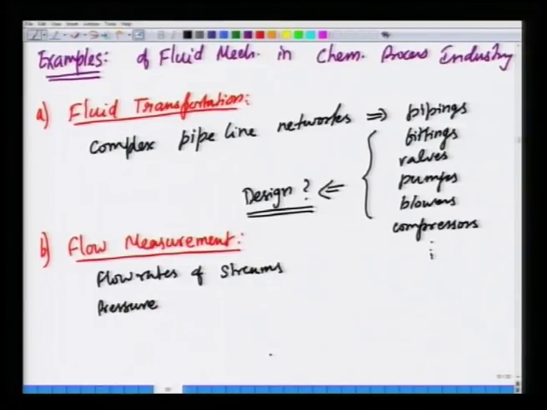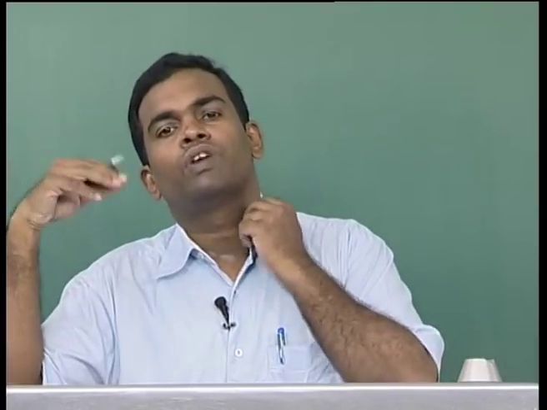So, why do we have to measure flow rates or pressure? Well, in order to ensure quality control, for example, if you require that your product should be produced at a certain rate per hour, you need to monitor at various locations in a chemical process plant the flow rates of various streams.